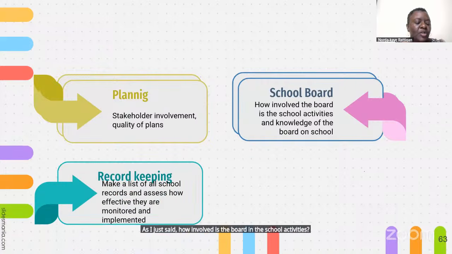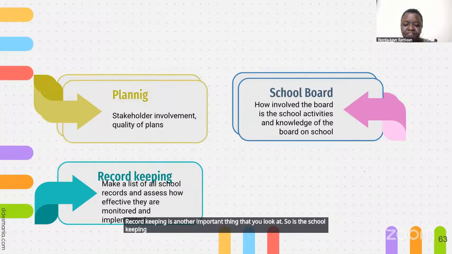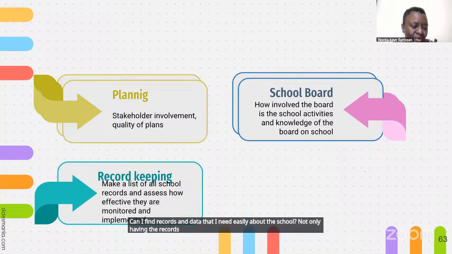Record keeping is another important thing that you look at. So, is the school keeping proper records? Can I find the records and data that I need easily about the school? Not only having the records, but monitoring them, implementing them, evaluating them from time to time.